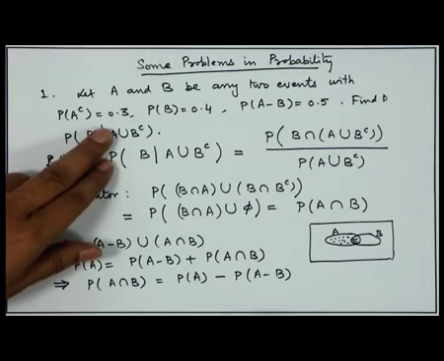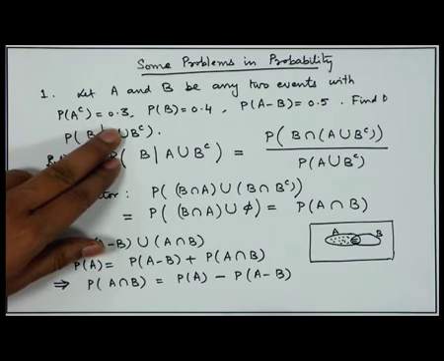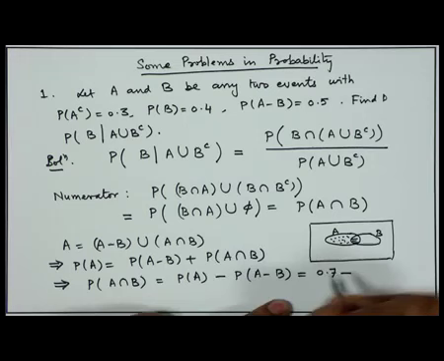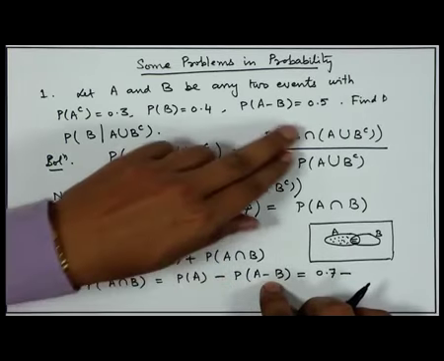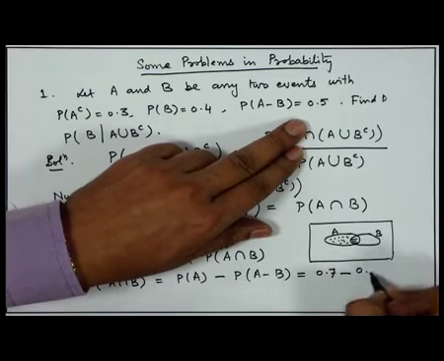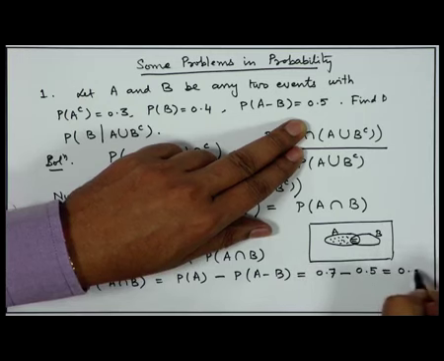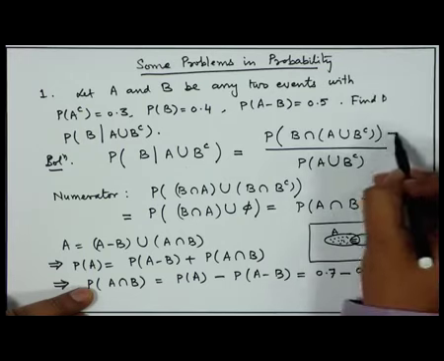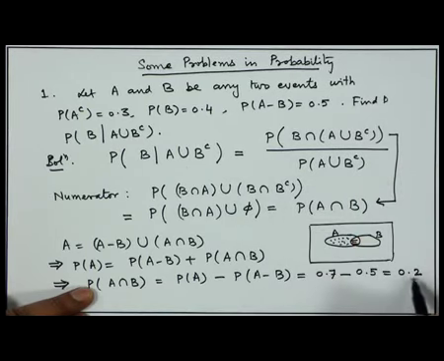So, probability of A will become 1 minus 0.3, that is 0.7. So, this is equal to 0.7 minus probability of A minus B, which is 0.5. So, this value turns out to be 0.2. That means probability of A intersection B, that is this numerator quantity, is 0.2.